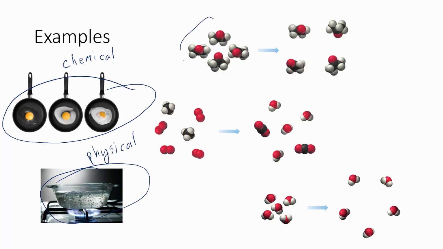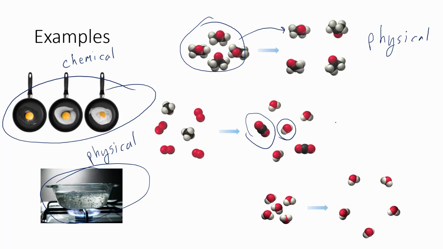And how about this guy? This molecule, whatever this happens to be, looks like acetone. In the second picture, it's just a little bit wider apart, but we haven't changed any of the attachments, so it's just a physical change. And how about this one? Some methane molecules and some oxygen molecules, so it's turning into carbon dioxide and water.